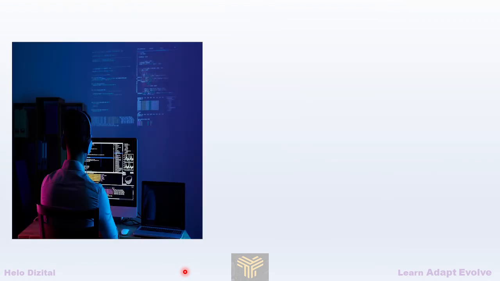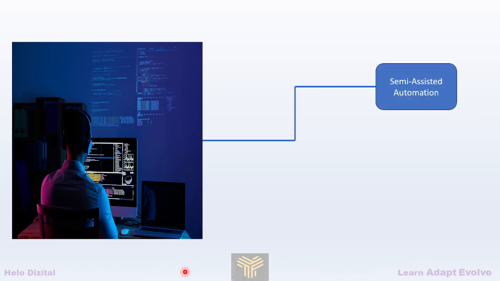So in this way, RPA helps in automating a business process by mimicking human actions. Basically, there are two types of automation. One is semi-assisted automation, where some of the actions in the process are taken care of by a human and the remaining actions are automated using RPA software. For example, if we have a process where the input is a handwritten document, then extraction of data from these documents is mostly taken care of by a human and the remaining process steps are automated using RPA software.